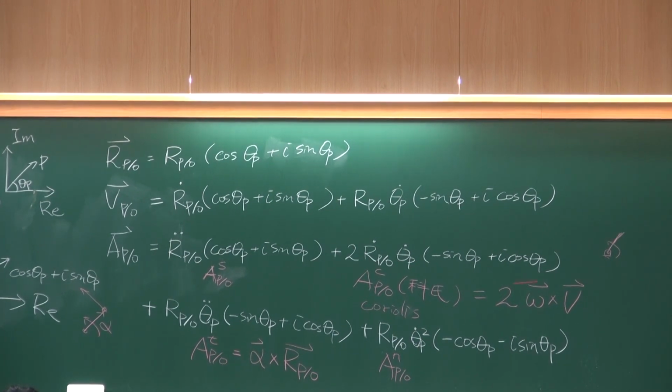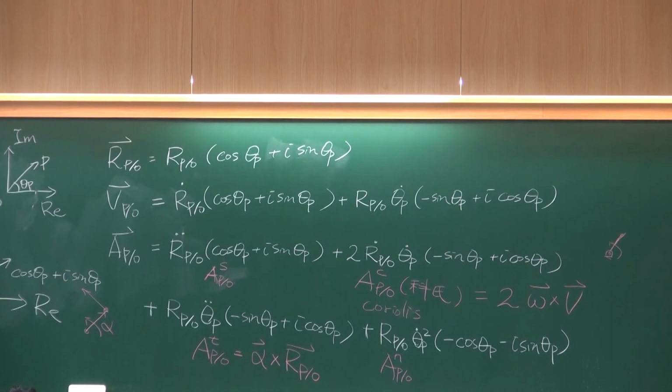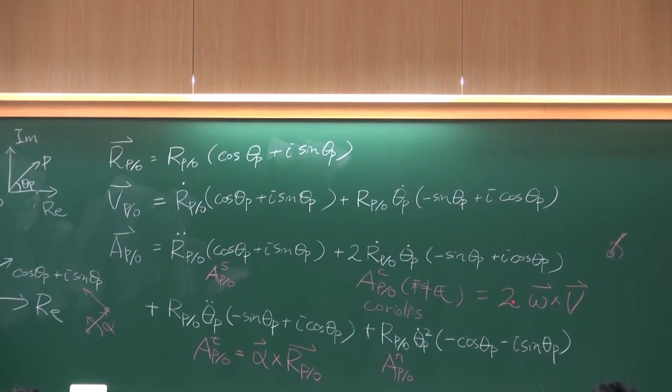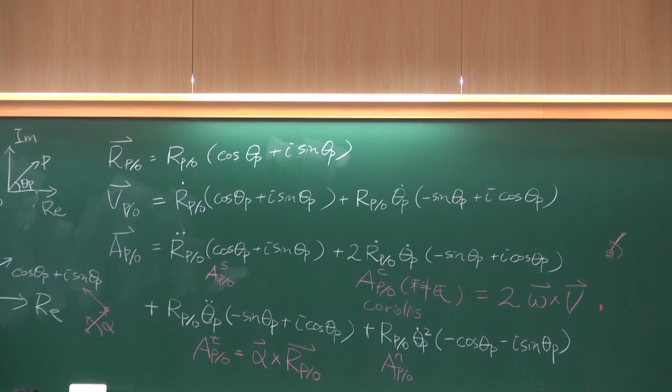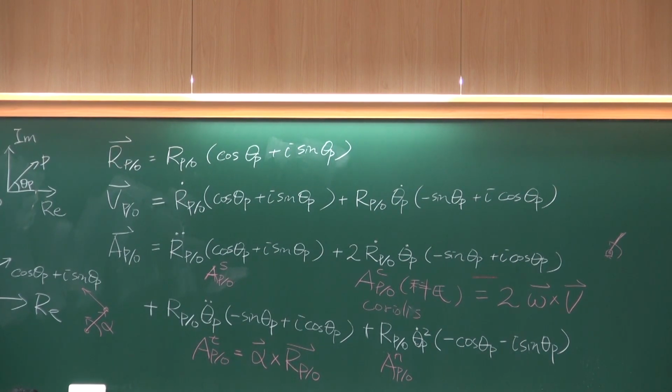So either this way or this way, depending on whether you want to represent a cross product between two vectors, or you just want a more exact expression. That's up to you.